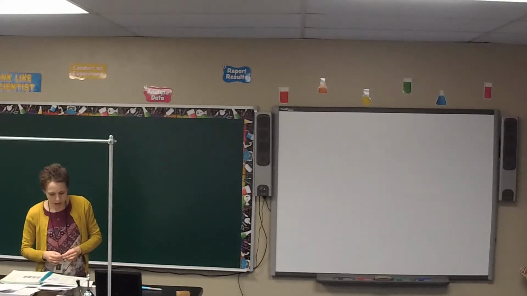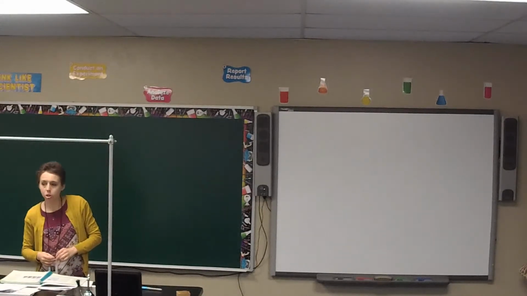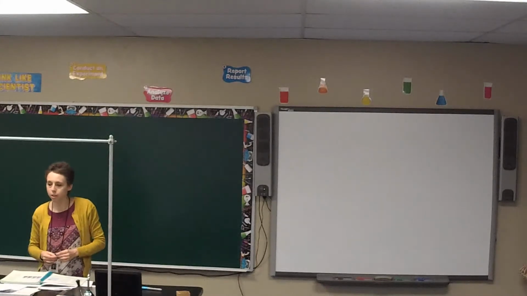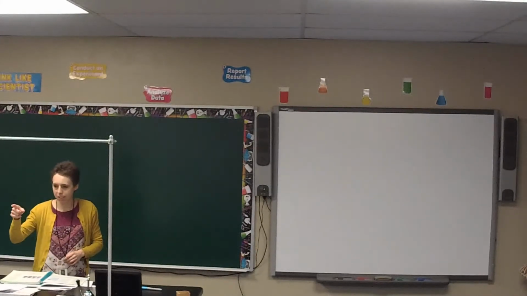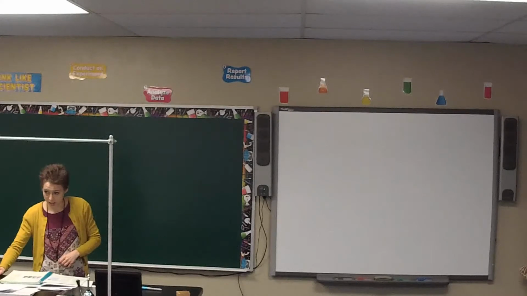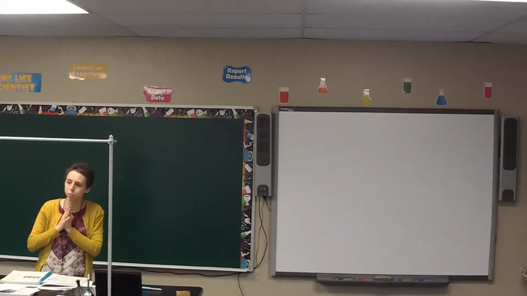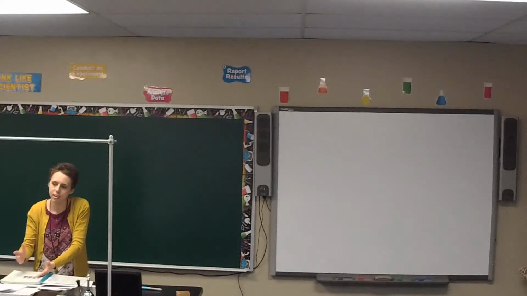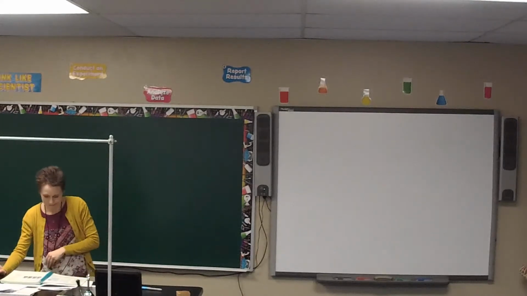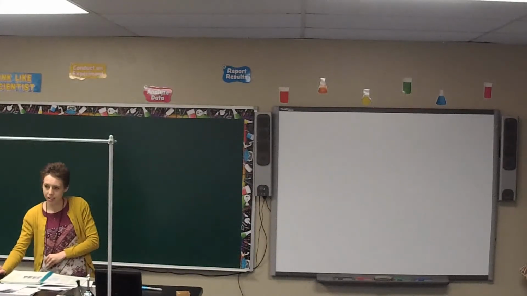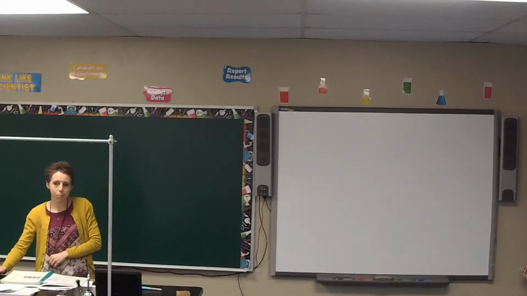Alright, what do you call the group on which your test is being performed for your experiment? Nope, that's your theory. I mean, that's like your best educated guess over what's happening in your experiment. What do you call that group that you're actually testing? Experimental group.